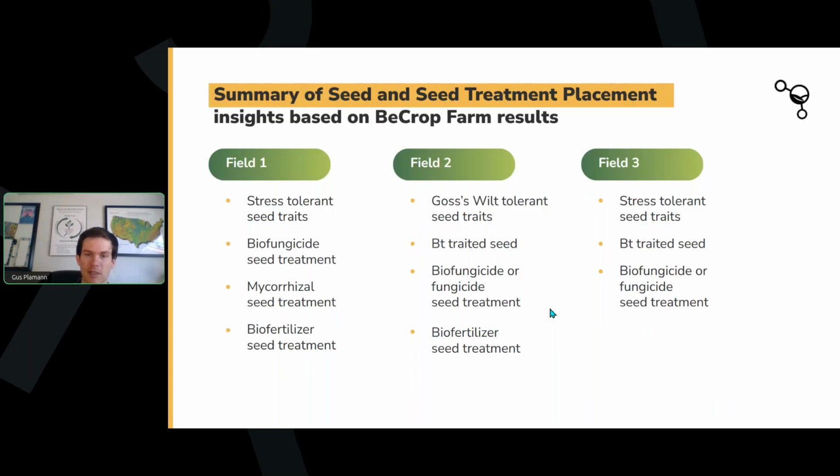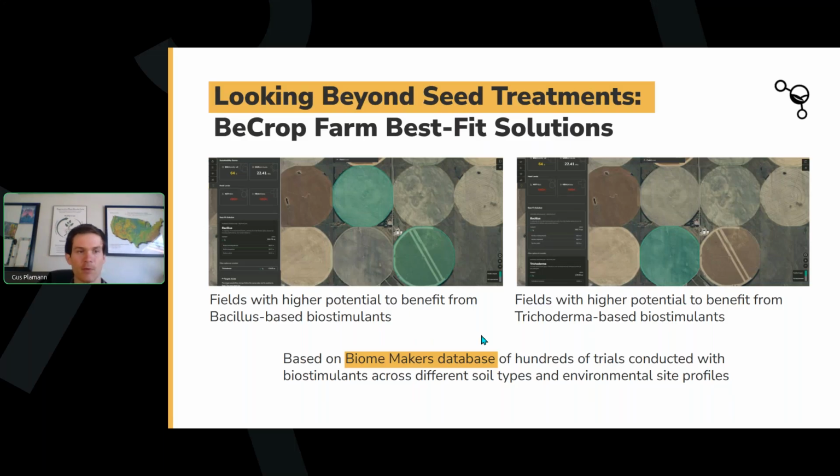Seeds and seed treatments, as far as bang for the buck and influence on yield and crop outcomes, are probably one of the most important decisions, and also one of the opportunities to really get beneficial biology right where it's needed on the seed. So those BeCrop indexes we just went through are very important factors in ultimately making informed decisions on seed and seed treatment.